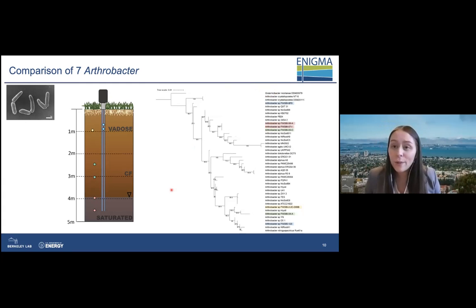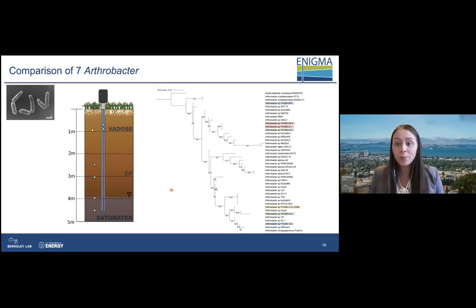All of the other Arthrobacter that we included are also environmental isolates that were publicly available or published previously that had complete genome sequences, so fully circularized genomes. And we selected those because we also fully circularized the genomes for this study.